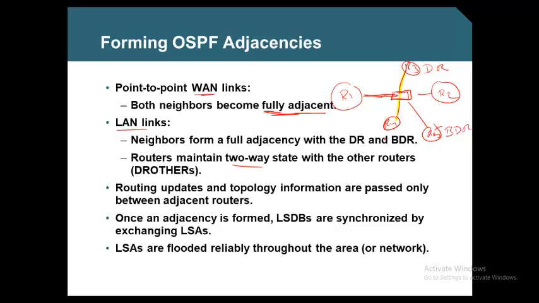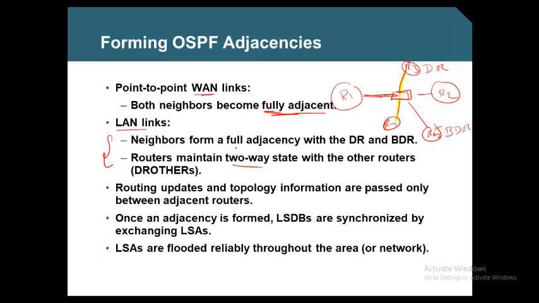Now only with the full adjacency router, the routing updates and topology information will be given. And that DR and BDR only will distribute to all other routers. All right.